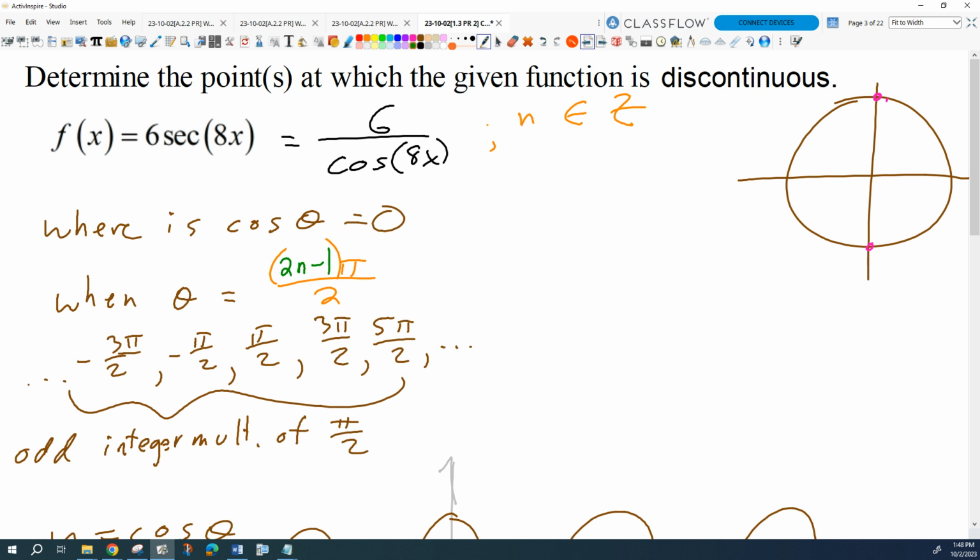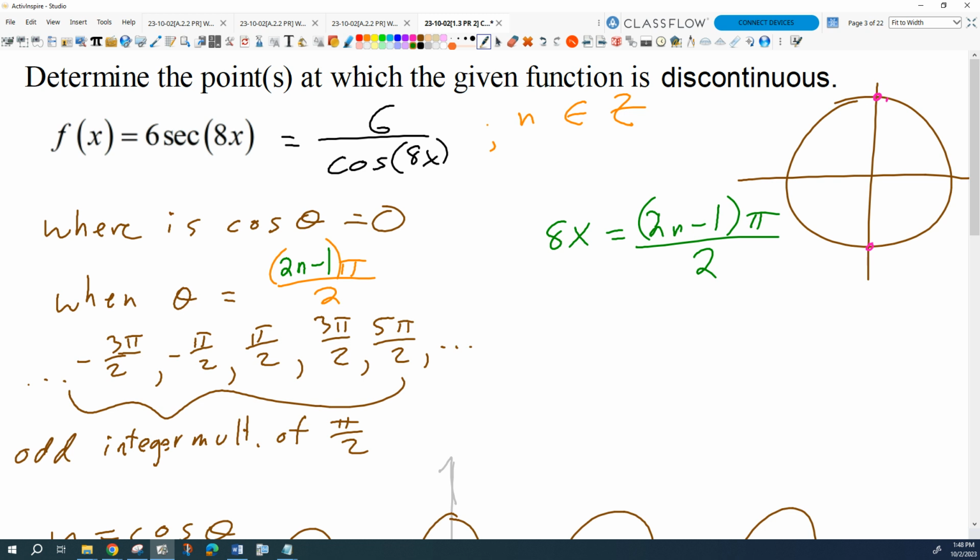All right, so then the condition is this is going to be discontinuous when, if I combine all this stuff, I'm going to get when 8x is equal to 2n minus 1 times pi over 2, right? Everybody see that?